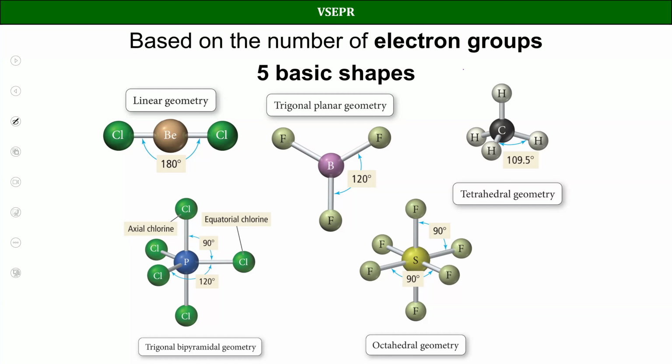If you have 3 electron domains, you get 120 degrees apart. Then it starts getting tricky because it's in 3 dimensions. So if they're 120 degrees apart, we call that trigonal planar. Tri means 3, planar means flat. So if it's 3 electron groups, it's going to be flat and they're going to be 120 degrees from each other. We call that trigonal planar.